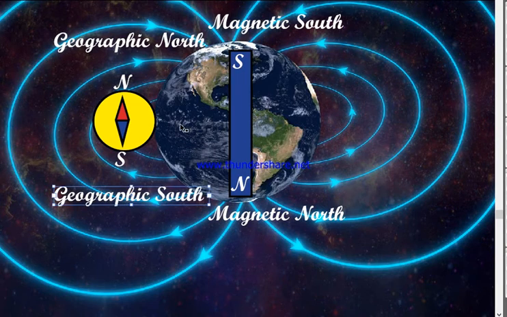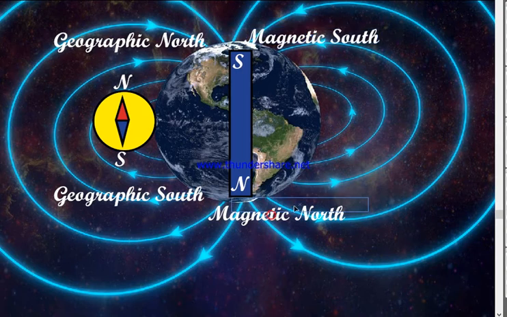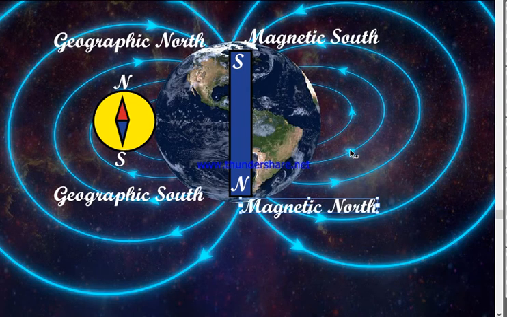Okay, and in our daily life, we consider geographic north and geographic south to be actual north and south, but in reality, actual north and south is just opposite. Yes, actual north and south are the magnetic north and south.